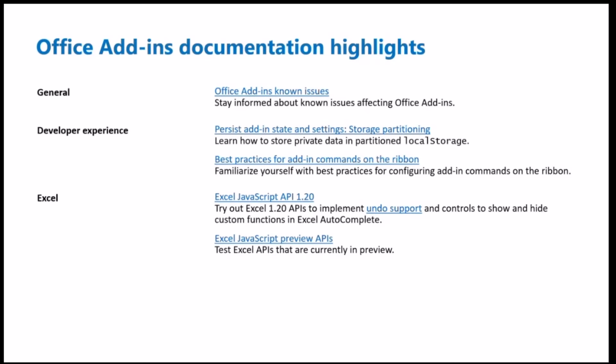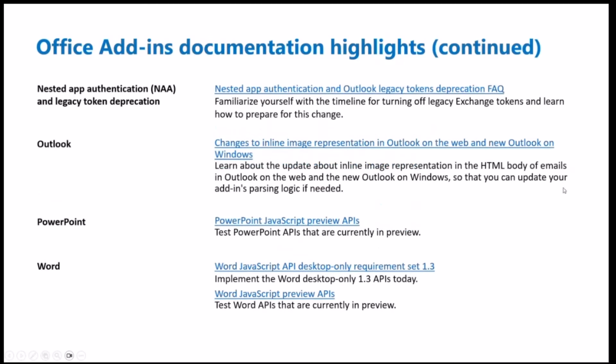For Excel, we've got the JavaScript API 1.2 documentation, implementing undo support, and some JavaScript preview APIs. By the way, I will take all these links and paste them into the chat so you have them, because I don't think they work from this view that I'm presenting. We also have the FAQ for NAA, which was updated recently with some new stuff, so go check that out.